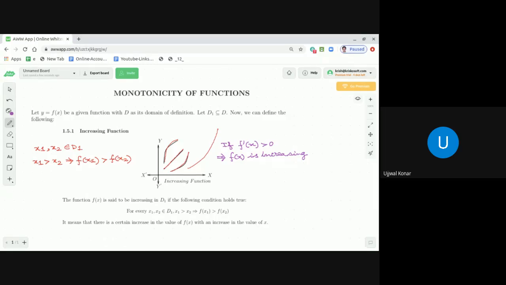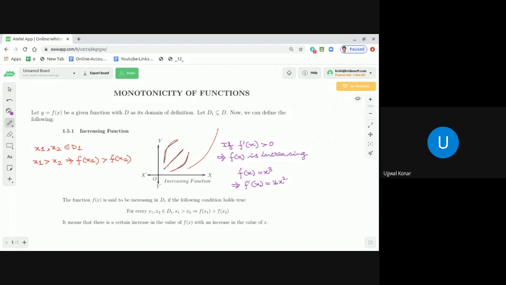For example, if I give a function f(x) equal to x cube, then what is f dash x, dear students? f dash x is equal to 3 into x square. You see, dear students, as x is increasing, definitely x square will also increase.